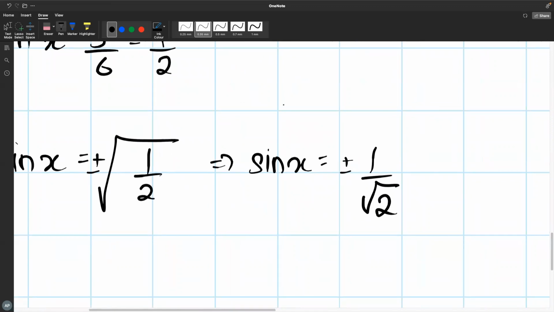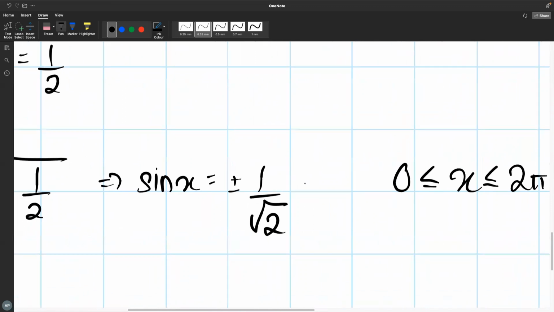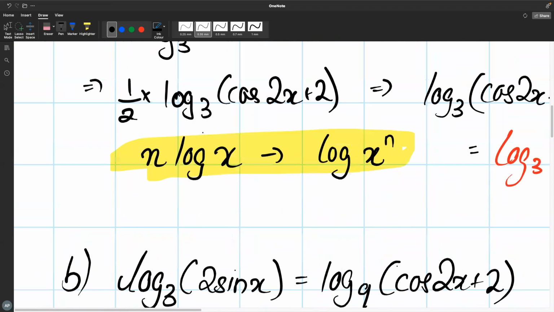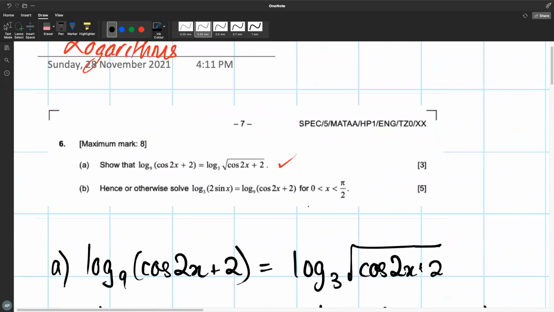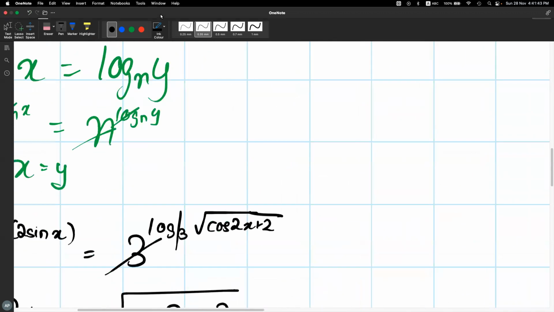Now, if the domain for this question had been 0 to 2 pi, this could have been our answer. However, if you go back up and look at the question, this domain is only for the first quadrant.